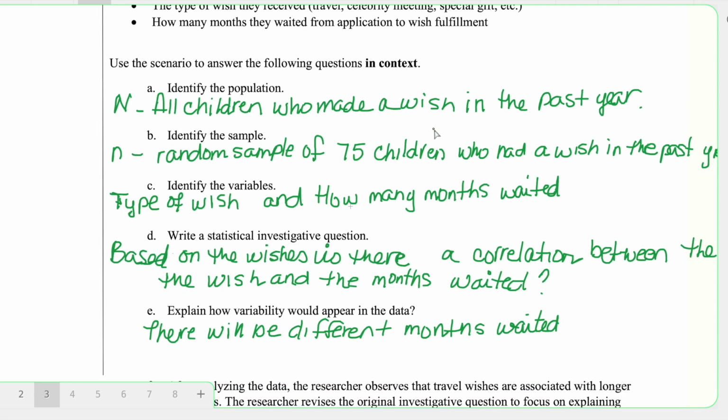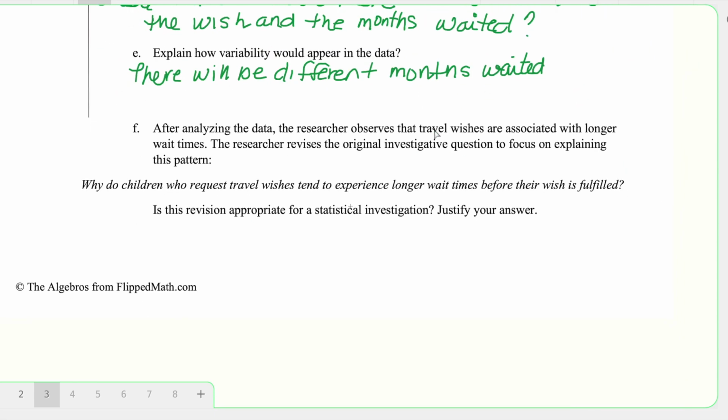Okay, so go ahead. F, how do we do here? After analyzing the data, the researcher observes the travel wishes are associated with longer wait times. Okay, good. So that's what he found from that data. Now the researcher revised his original investigative question: why do children who request travel wishes tend to experience longer wait times before their wish is fulfilled?